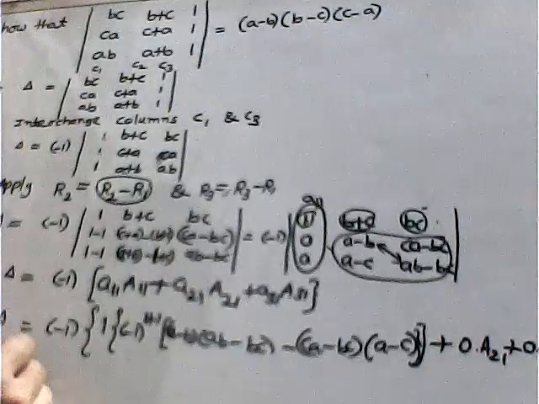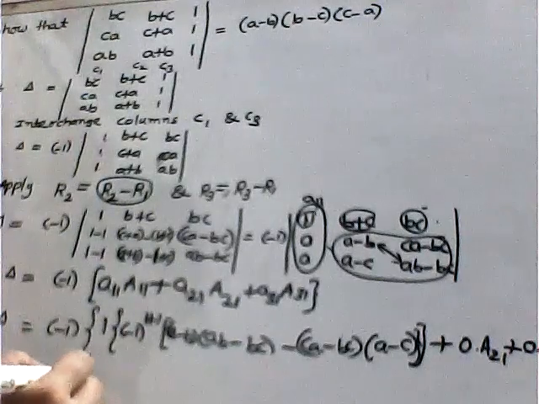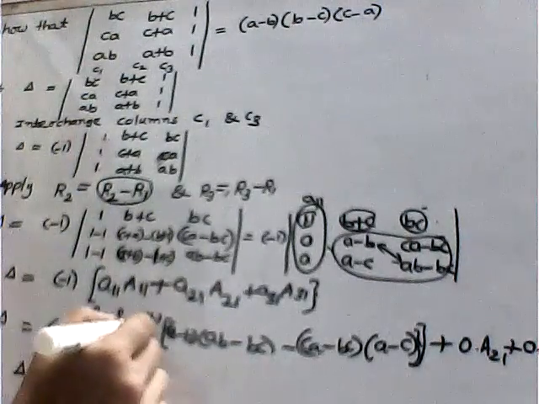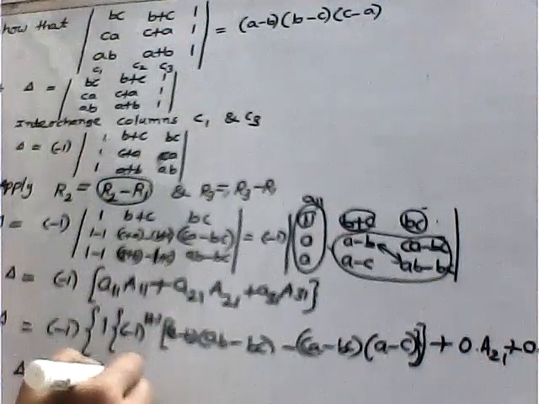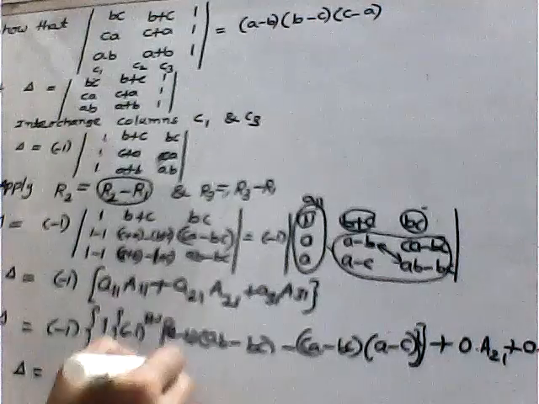Now we can find the delta value. Delta equals minus 1 into 1 into minus 1 whole squared, which is also 1, so 1 into 1 multiplied by this value.